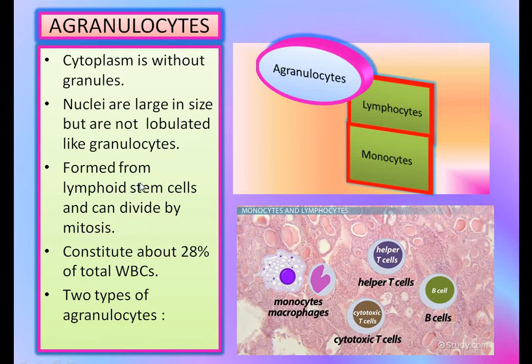These cells constitute about 28% of total WBCs. There are two types of agranulocytes, lymphocytes and monocytes. Here the monocytes, that is macrophages, and the lymphocytes, that is helper cells, T cells, B cells and cytotoxic T cells.